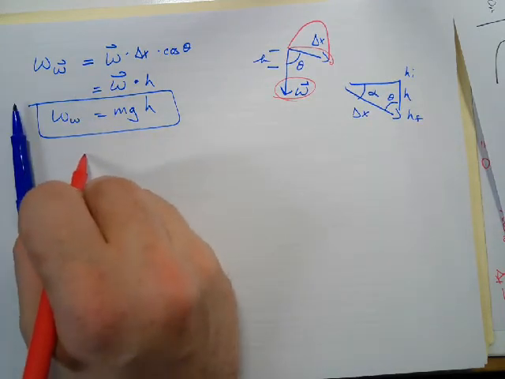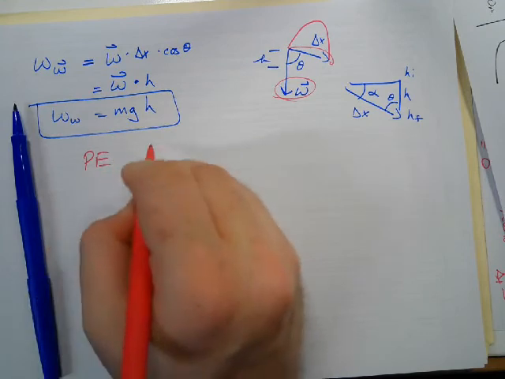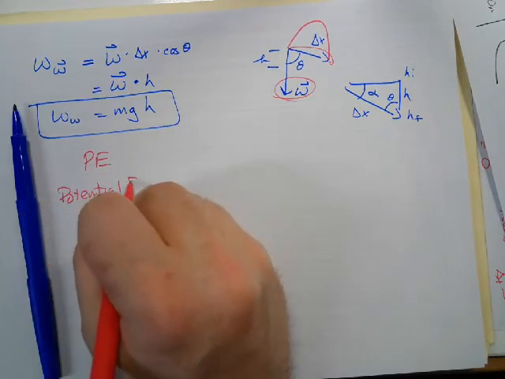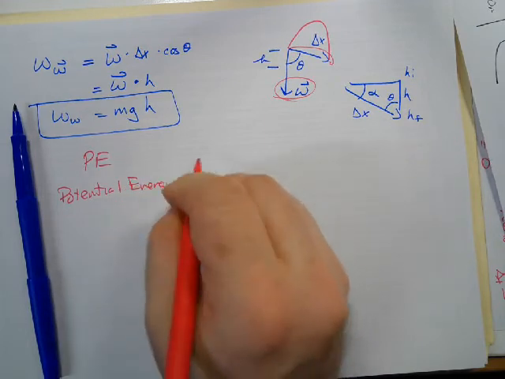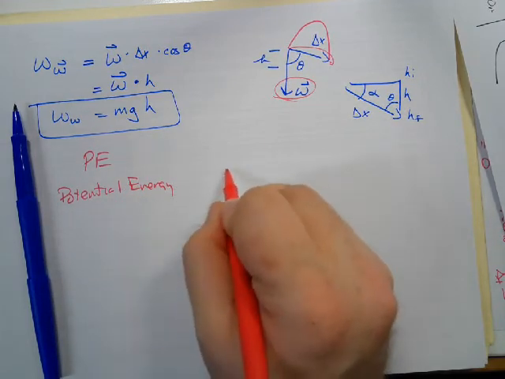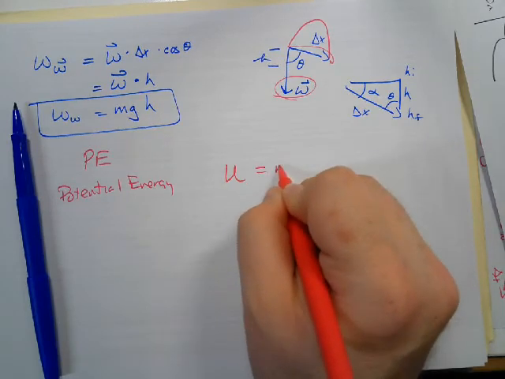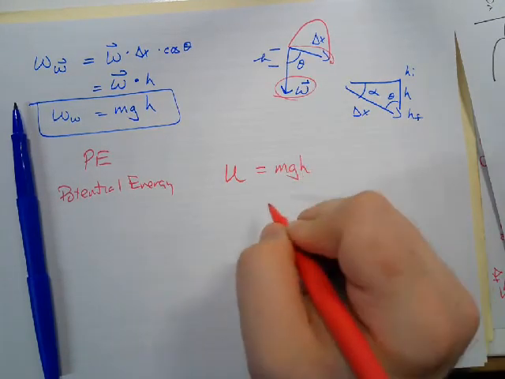This is why we define the potential energy. We'll also define this as U. You'll see that in your textbook. And this is going to be mgh.